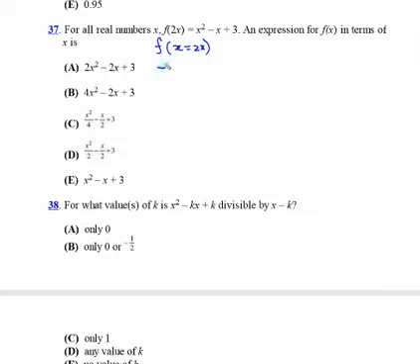Now if you make x equal to x, when x equal to 2x you get this. So when x equal to x, then this becomes, oh sorry, x becomes 2, the x is 2x.